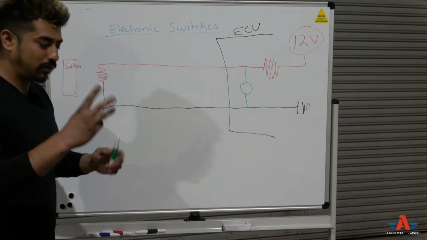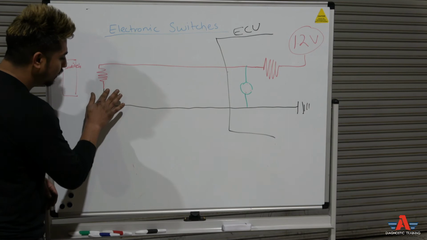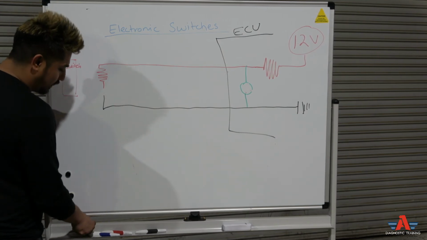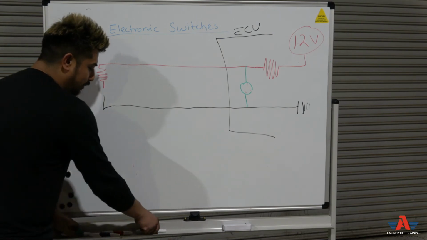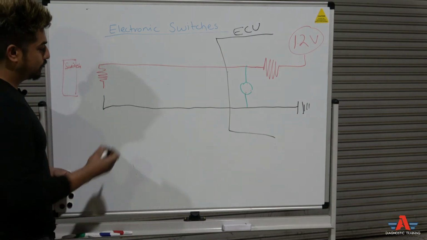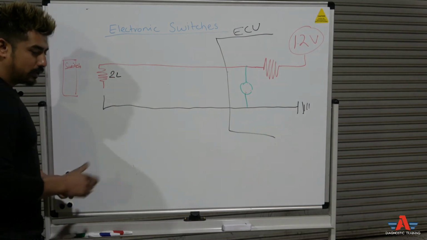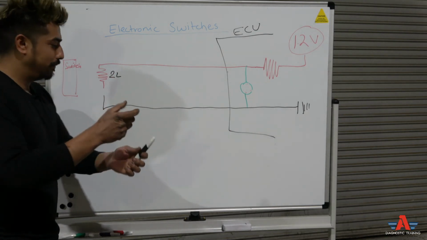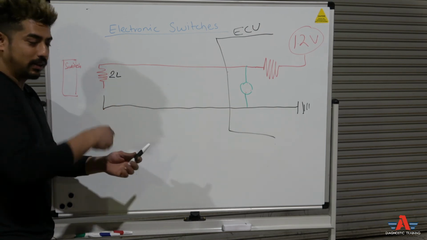In this case, there were 3 switches, which means it's going to have 3 resistors. So let's say this is resistor A, which is for your 4-wheel drive low, so 2L. Every time you select 2L, this resistor is getting selected inside the circuit board.